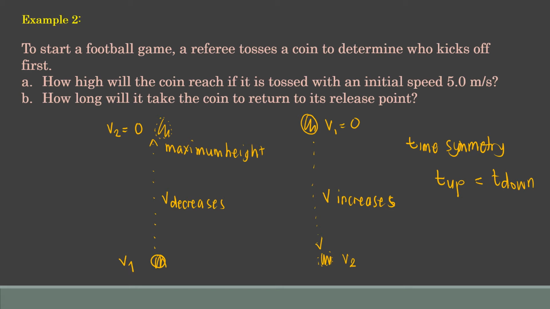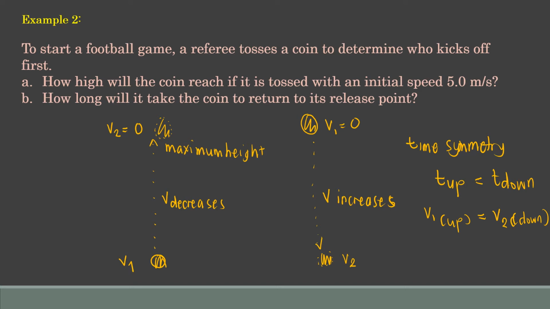So they will be equal. At the same time, the initial velocity when it was released would also be the same as the final velocity when it falls down. Again, this is if the release point and the catching point are the same.